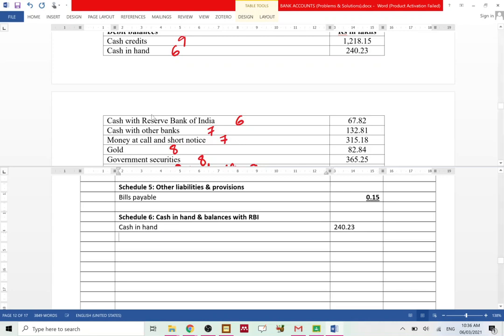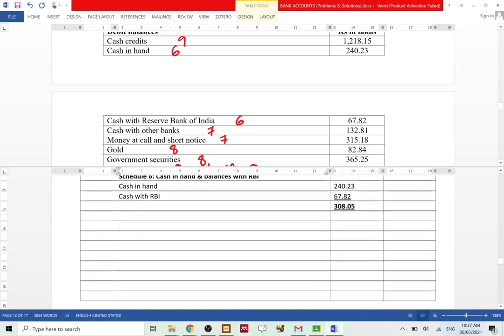Then next we have cash with RBI, and the amount again that we have is 67.82. Alright, let's total this up: 308.05. Total of schedule 6 is 308.05. Okay, schedule 6 done.